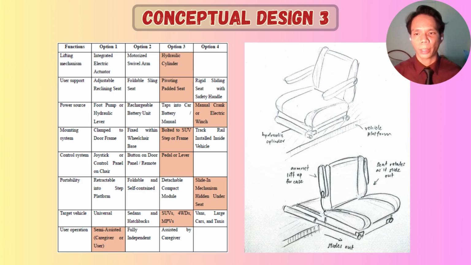So it is compatible with big vehicles such as SUV, four-wheel drive, and MPV. This design is also semi-assisted, where we will need the caregiver assistant to put the patient from the wheelchair onto the seat.